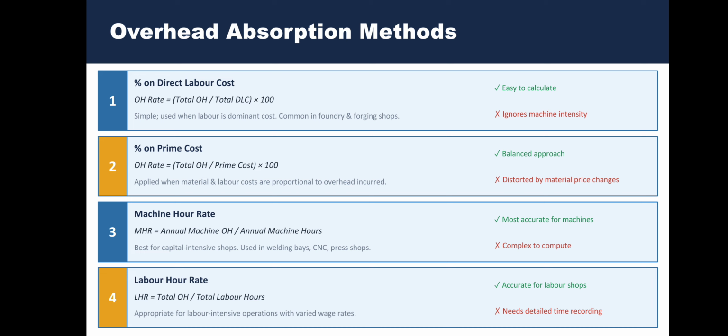That means a balanced approach. The third one is machine hour rate, MHR: annual machine overhead divided by annual machine hours. Best for capital intensive shops used in welding bays, CNC, press shops, etc. Most accurate for machines. Labor hour rate is the final one. LHR is equal to total overhead divided by total labor hours. That means accurate for labor shops, appropriate for labor intensive operations with varied wage rates.